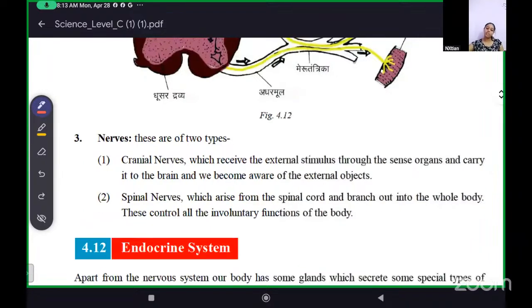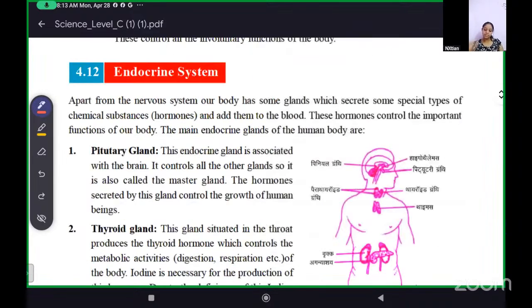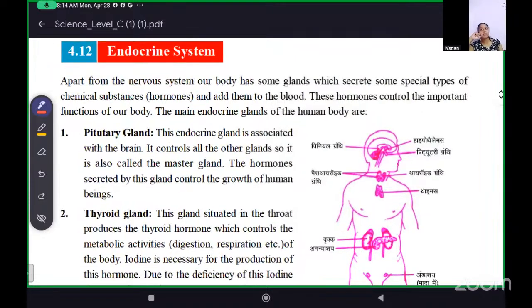Next part is the endocrine system. The endocrine system is a system in our body that is made up of all the glands. Glands are parts of our body that secrete a chemical substance called a hormone as and when needed.